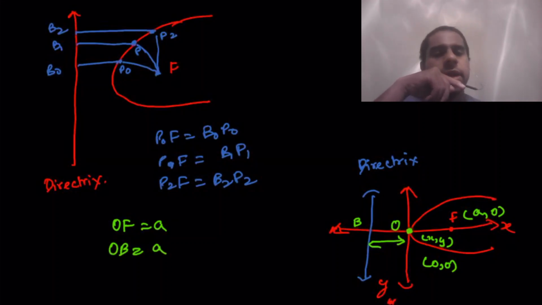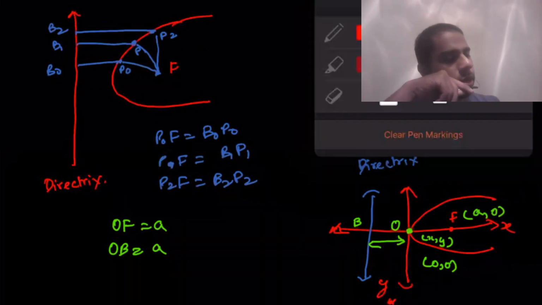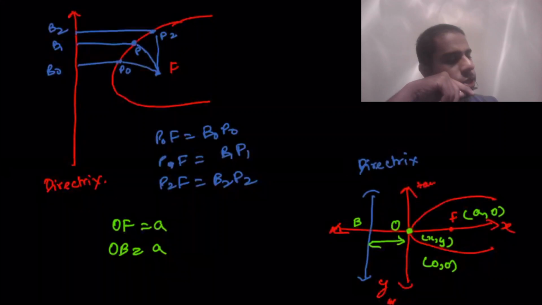The directrix is nothing but a straight line that is parallel to the line passing as a tangent at the vertex of the parabola. This is the tangent of the parabola, right?